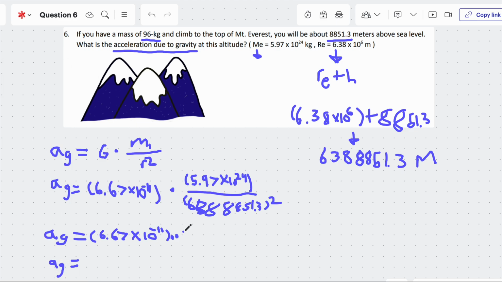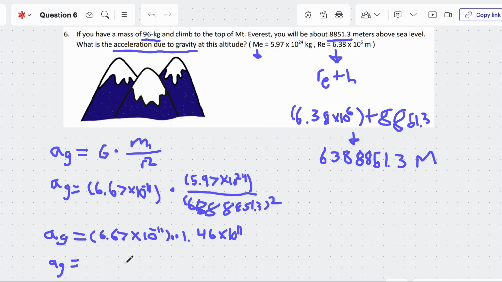Okay. We should end up with 1.46, I'm just going to round it there, times 10 to the 11th. Okay, this looks much more correct. So now we're going to multiply this to g.